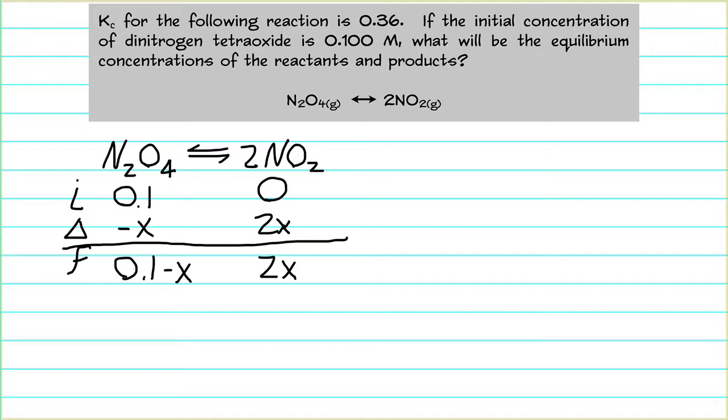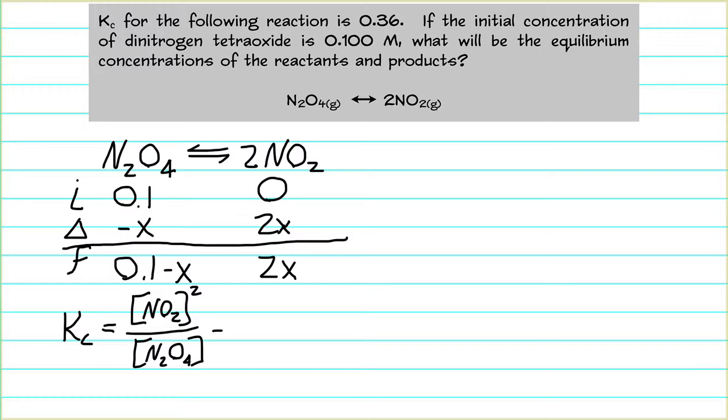So our Kc is going to be equal to the equilibrium concentration of the nitrogen dioxide squared all over the equilibrium concentration of the dinitrogen tetraoxide.